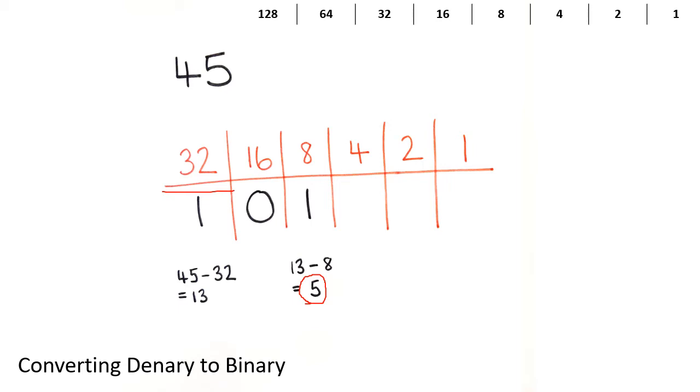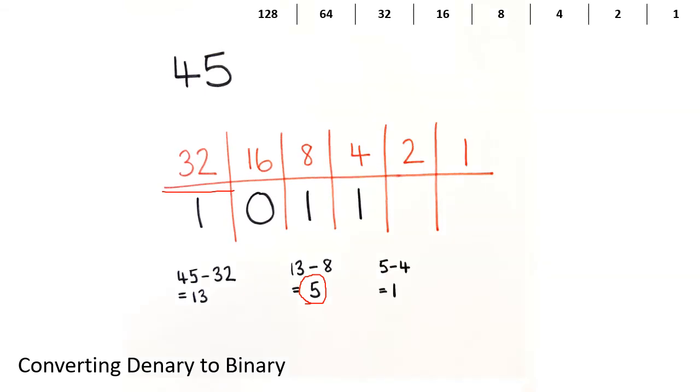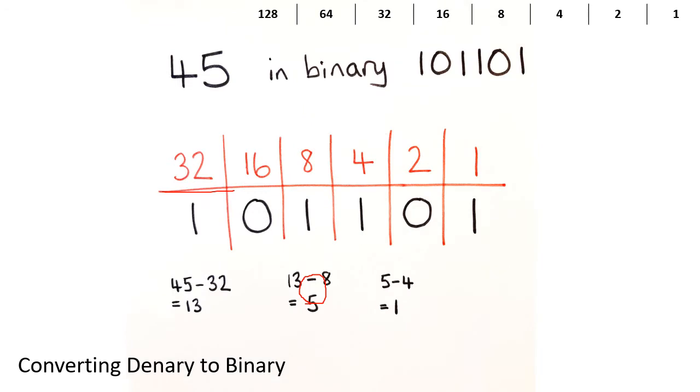Now, at a glance, you can probably tell that to make 5, we can use a 4 and a 1. So we have one lot of 4 and then we have 1 remaining. So our binary number for 45 is 101101. Okay.